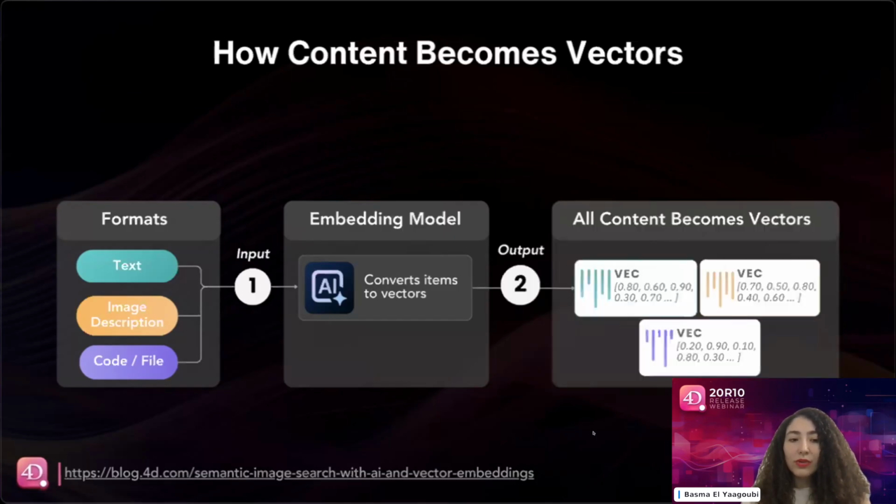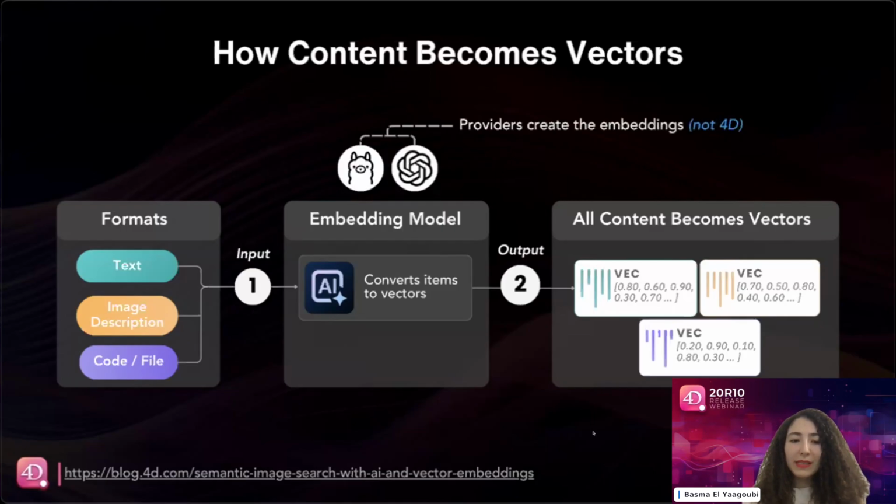It then translates that meaning into a list of numbers, a vector that represents it. Because this vector comes from the embedding model, we call it an embedding. In other words, every embedding is just a vector of numbers that captures meaning.